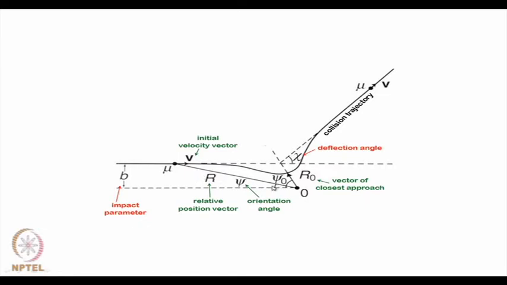The trajectory is symmetric about this point. This is the distance of closest approach r0. The final deflection angle is this.